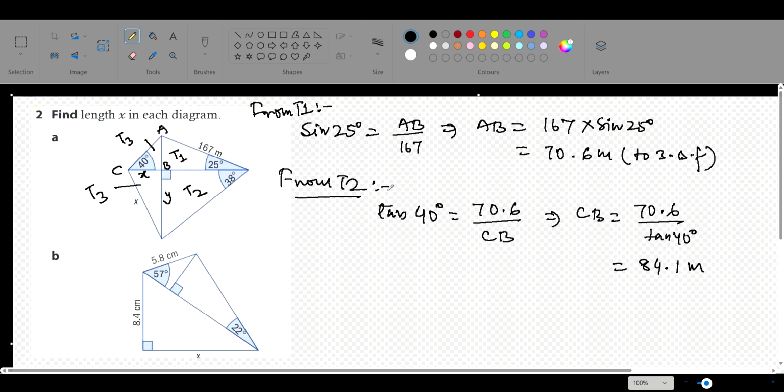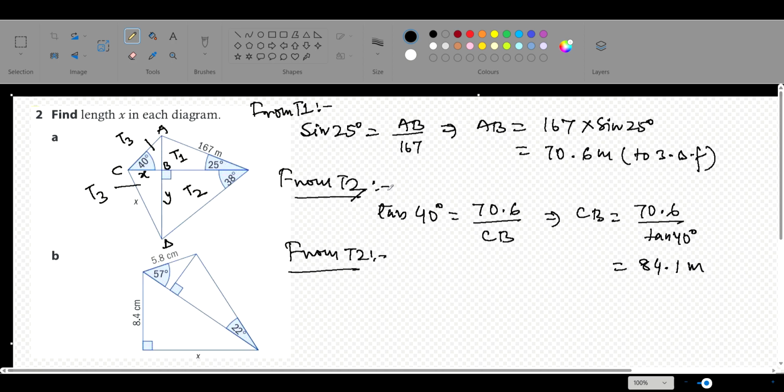Come to triangle, this is triangle 3. Now let's take something from triangle 2. Let's put this as D. I need BD also.